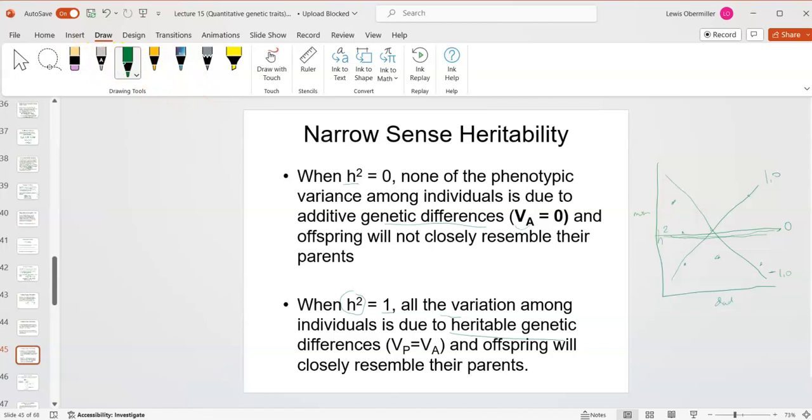If it does matter, if we take a big chicken and breed it to another big chicken, we would expect big chicken offspring. And if we take little chickens and breed them to little chickens, we would expect little chicken offspring. And so there's a direct 100% correlation between the size of the mom chicken and the dad chicken and the size of the offspring chicken. So that would be narrow sense heritability equals 1.